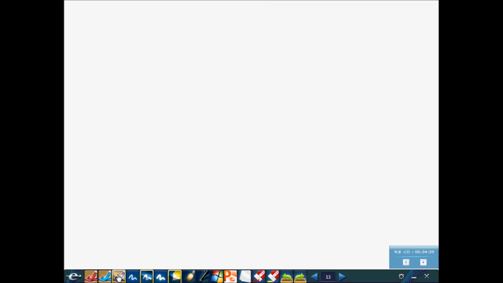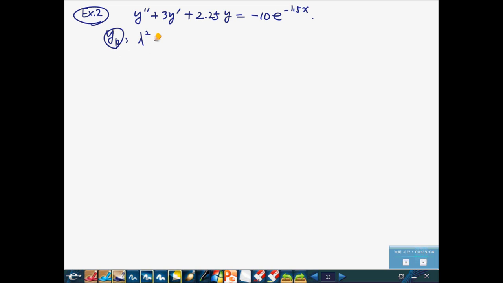Example 2. Alright, so y double prime plus 3y prime plus 2.25y equal minus 10 times e to the minus 1.5x. Okay? And our yh, lambda square plus 3 lambda plus 2.25 is 0.